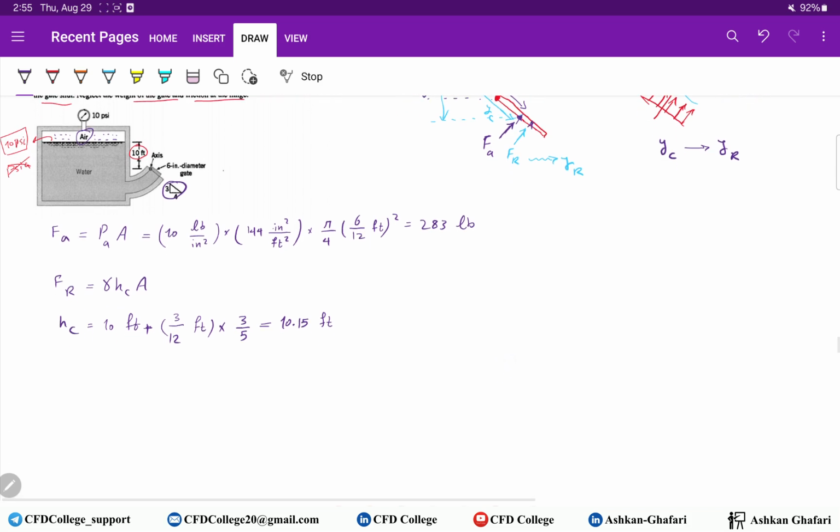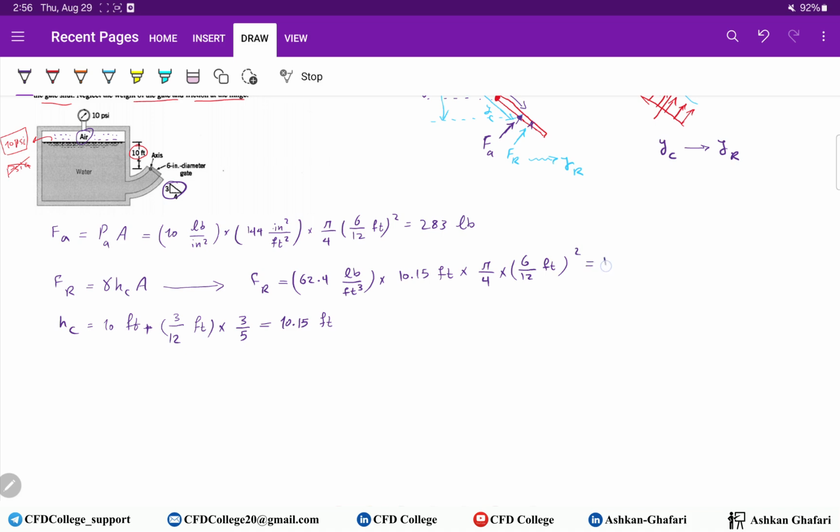Now we have HC. We can find FR. So FR equals gamma, 62.4 pounds per cubic feet, times HC, 10.15 feet, times area, pi over 4 times 6 over 12 feet square.